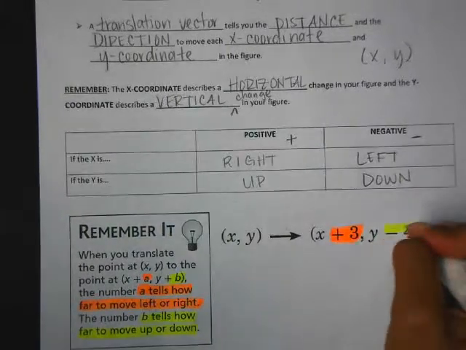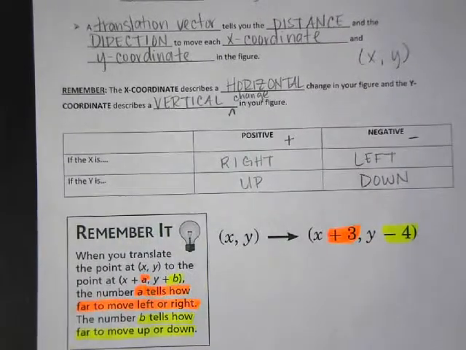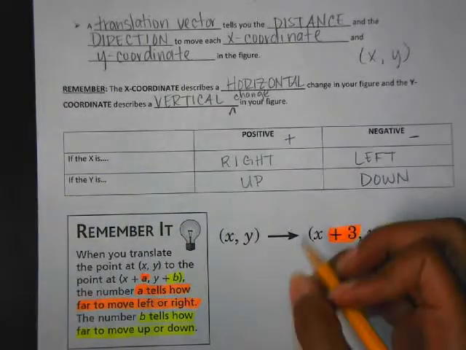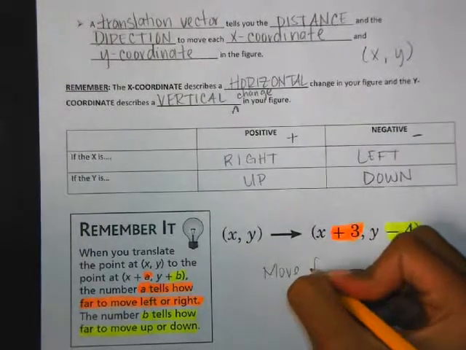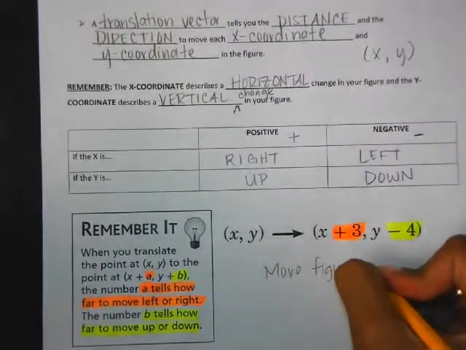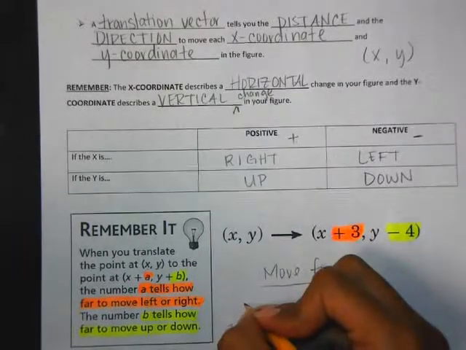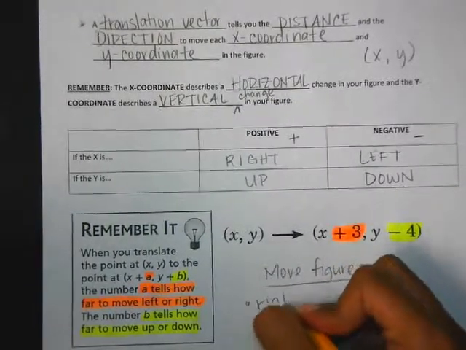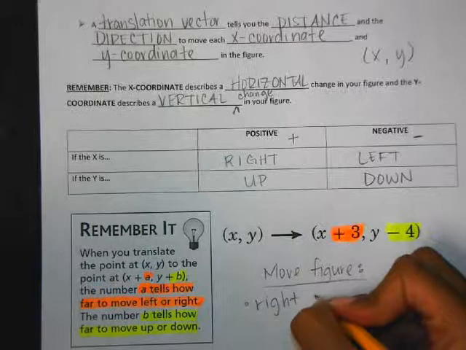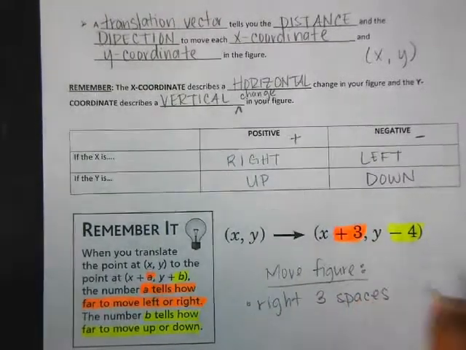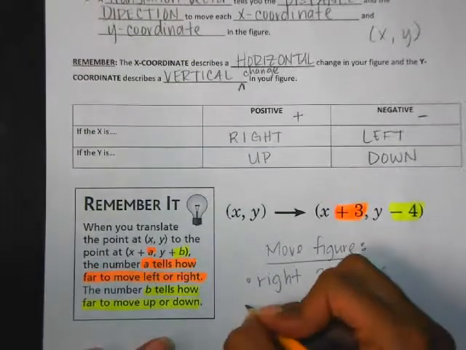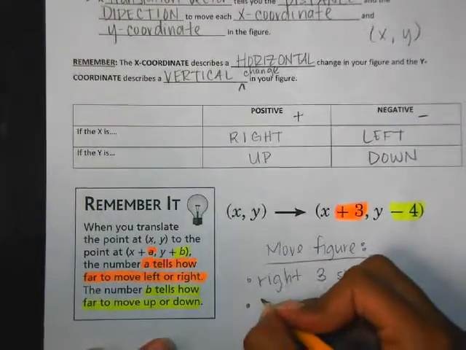So with that being said, in order to translate it, we're going to move our figure right 3 spaces, and then once we get there, we're going to move our figure down 4 spaces.